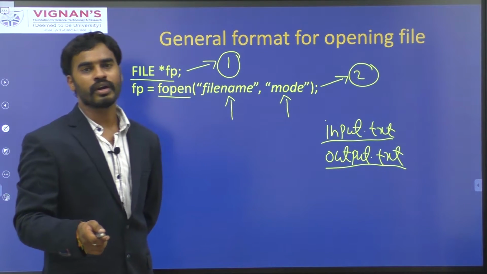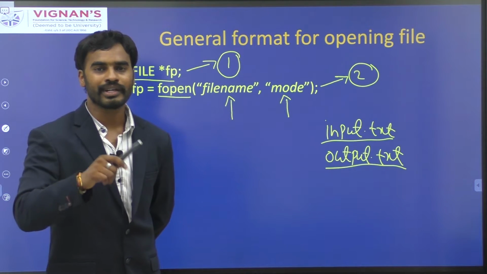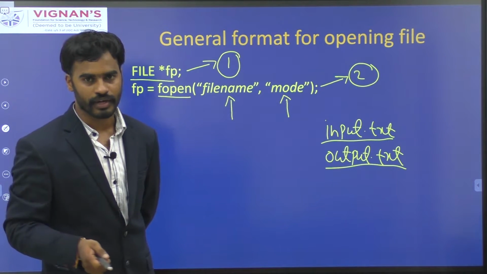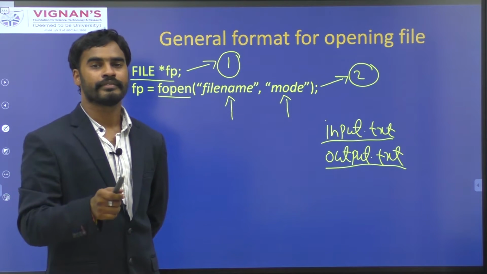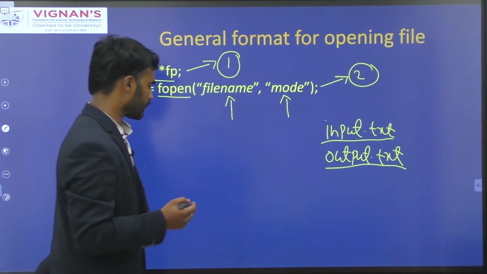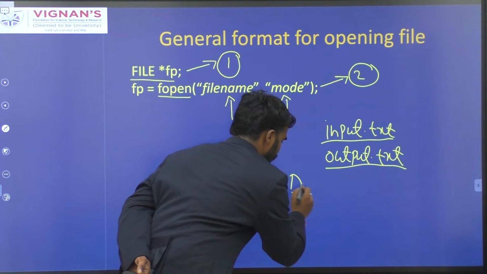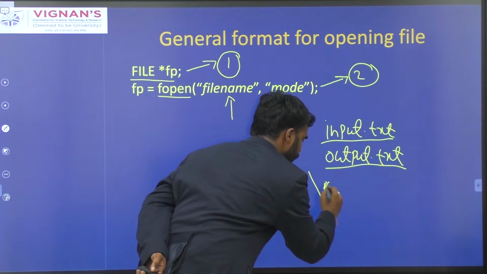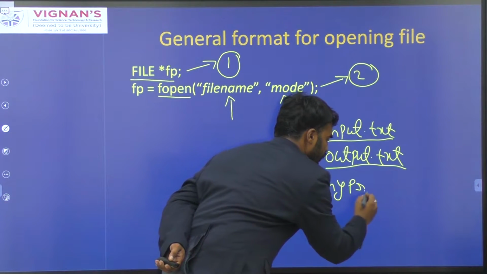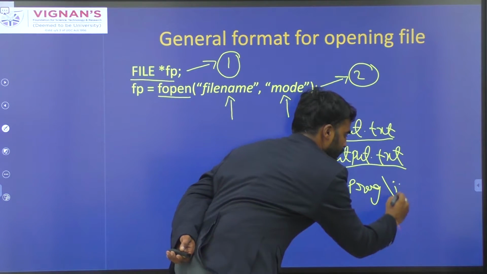If your source code and the file both are not in the same directory, not in the same folder, you need to specify the complete path where the file exists. So like this, D drive, my programs, input.txt.